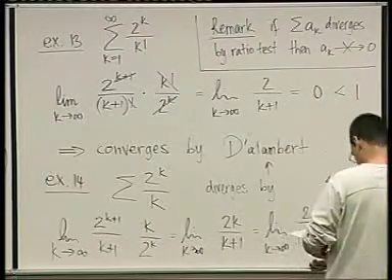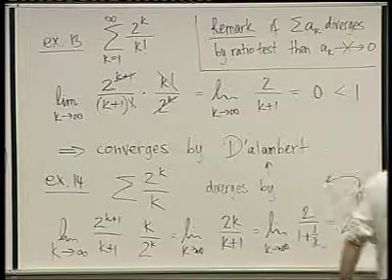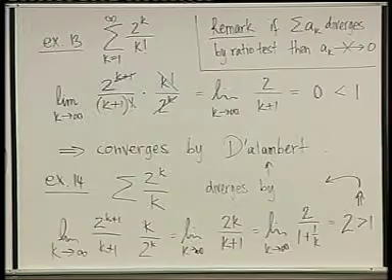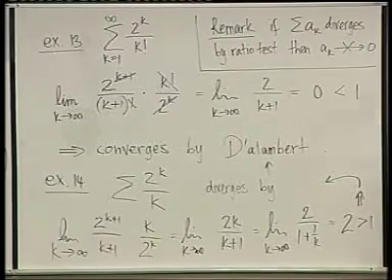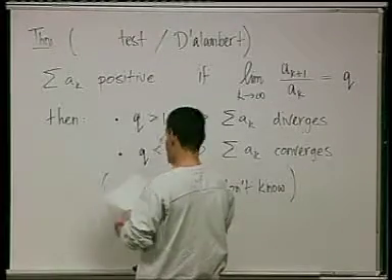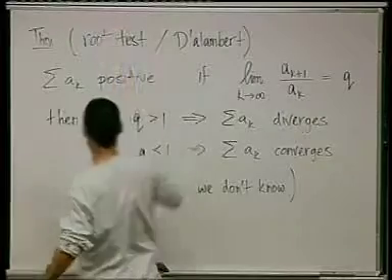Five more minutes and then our break. And I'm going to be lazy right now. So, theorem. Instead of ratio test, I'm erasing the word ratio, and I'm going to write the word root. Root test.